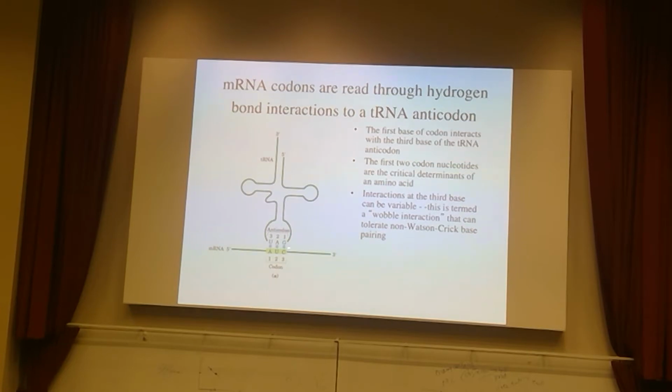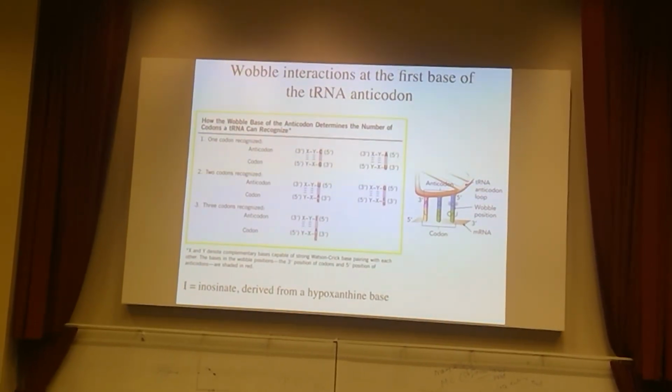You can play around there a little bit. It tolerates imprecision here, and so we call this a wobble interaction. This is a position in which we can tolerate non-Watson-Crick base pairing. And so now we're beginning to see that maybe that is one way in which multiple different codons can be associated with the same amino acid.